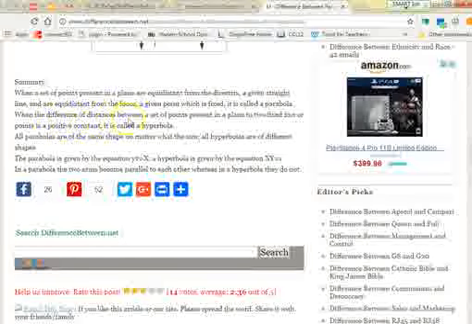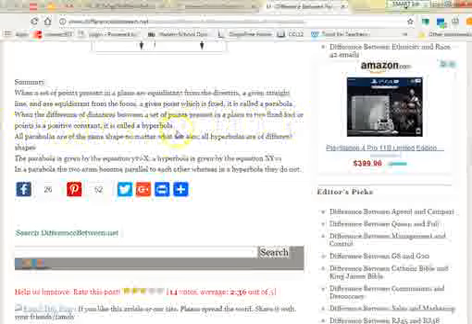And when the difference of distances between a set of points present in a plane to 2 fixed foci is a positive constant, it's called a hyperbola. So the definition is the distance between the points to the foci and the points on the hyperbola are a constant.